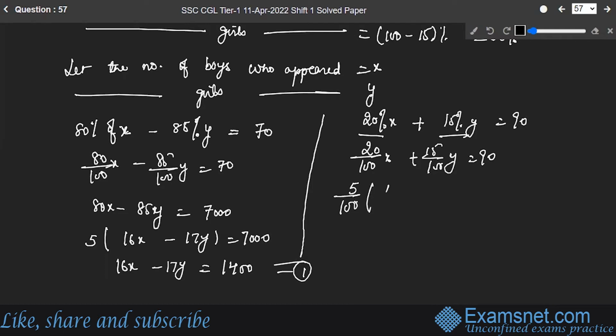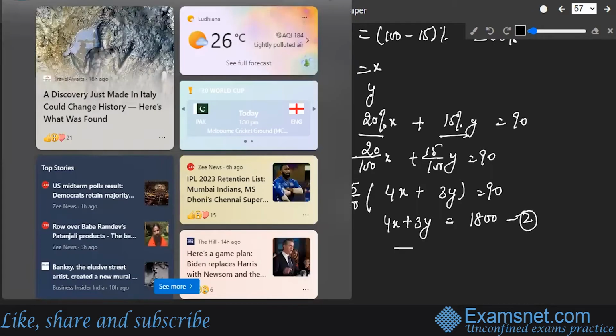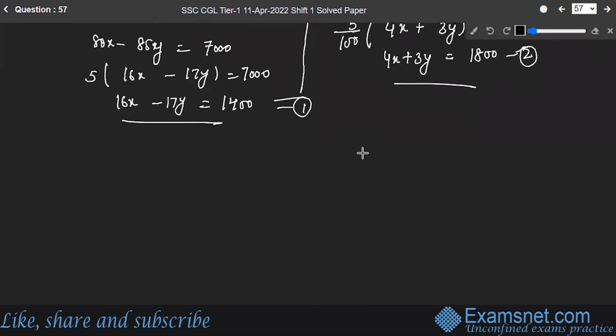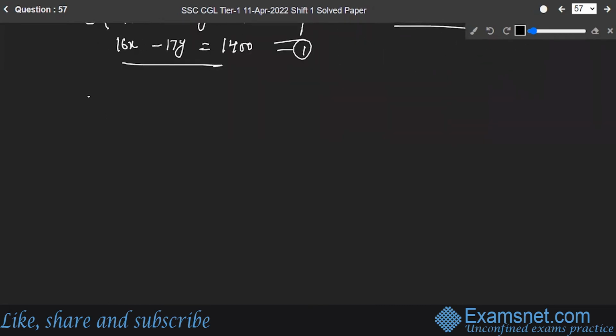Now I'll be left with 4x plus 3y is equal to 90, correct? So this will give you 4x plus 3y is equal to 1800, and having this as 2. So now I got two equations with x and y. Here is the first one and here's the second one. I'll solve them simultaneously. Let's go. So solving 1 and 2.